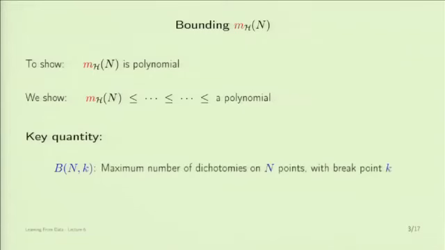So the definition here is the maximum number of dichotomies on N points such that they have a breakpoint k. So this is N, and this is k. And the good thing here is that I didn't appeal to any hypothesis set or any input space. This is a purely combinatorial quantity, and because it's a combinatorial quantity, I'm going to be able to pin it down exactly, as it turns out. Okay?